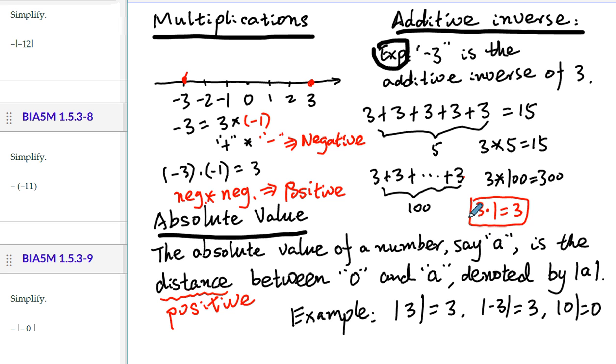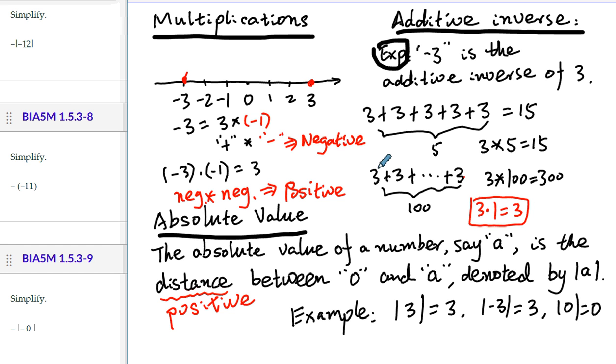Okay. Here there is one important concept. 3 times 1 is 3. 3 times 2 is 6. And 3 times 3 is 9. Here, 3 times 1 is 3 means you have a 3 appears once.